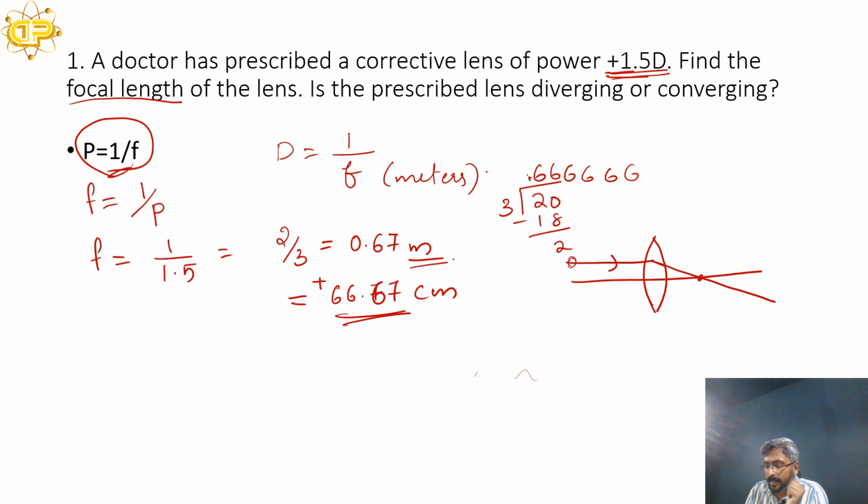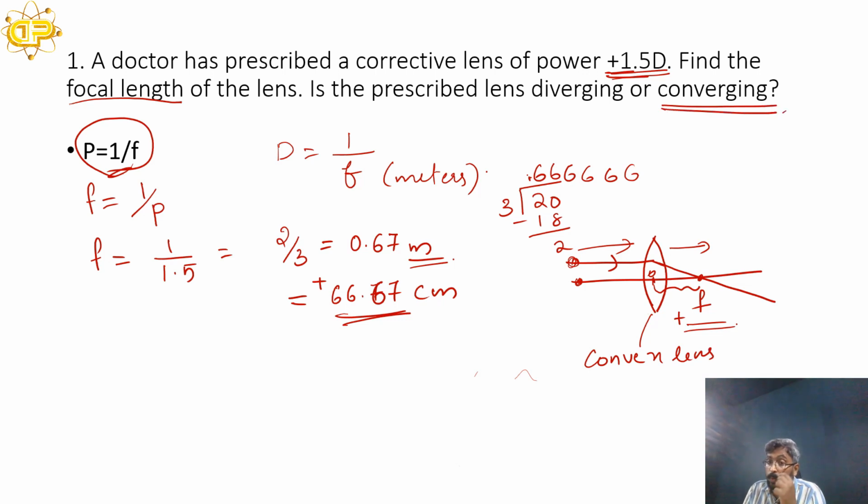If the incident ray is parallel to the principal axis, it will pass through a point, and this is the focus. And this focal length, measured from the optic center, is positive because it is in the same direction as the incident ray. So a positive focal length is for a convex lens, and a convex lens is a converging lens.